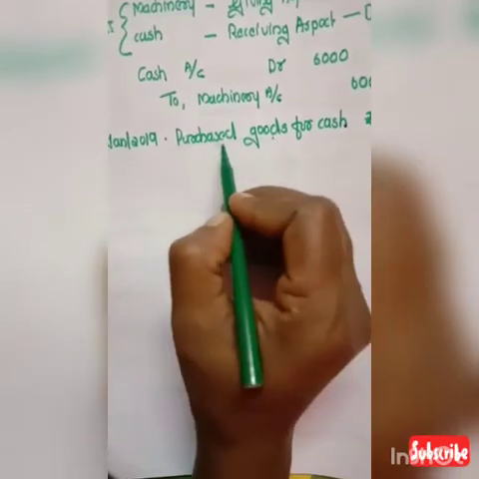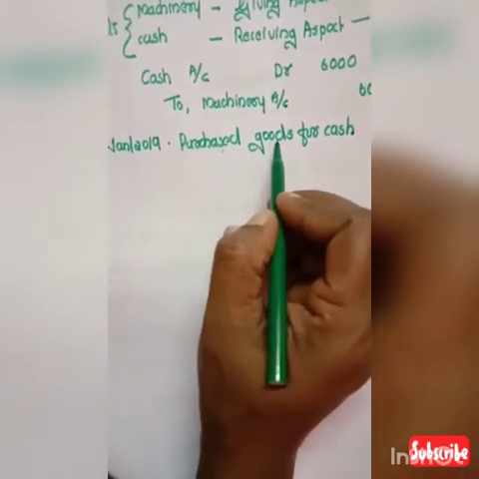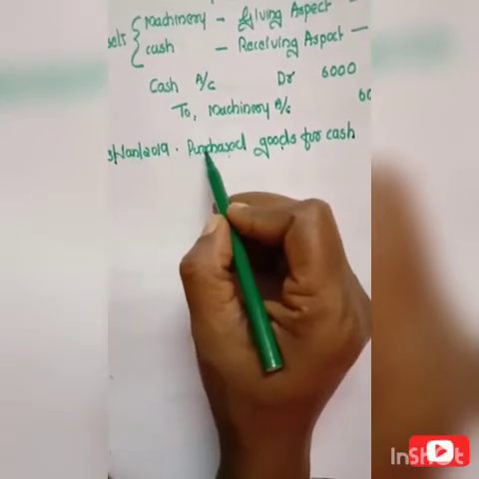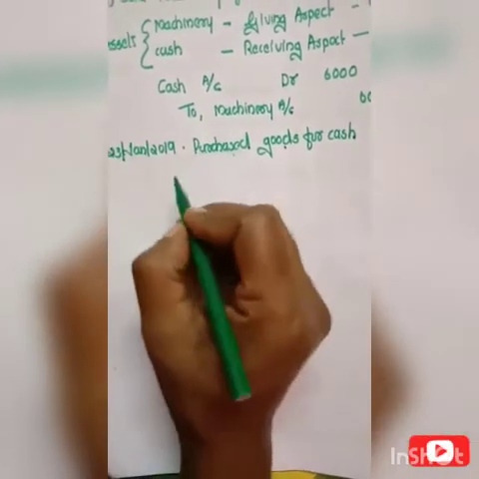Purchased goods means goods, but the name of the goods is not mentioned. That's why we put the goods under the head purchases.